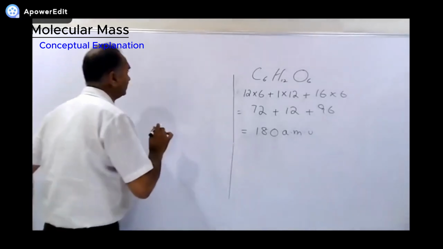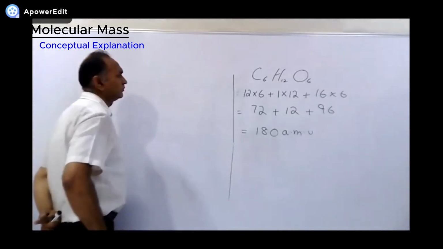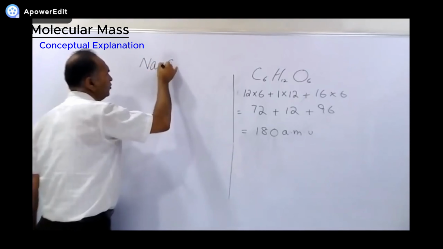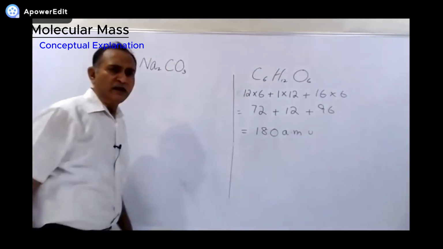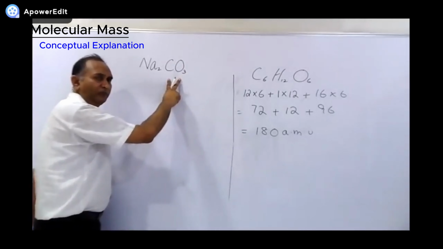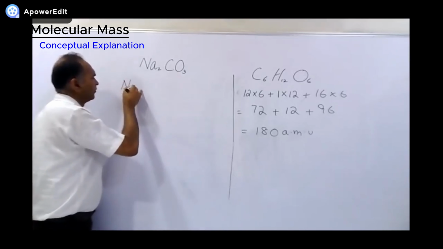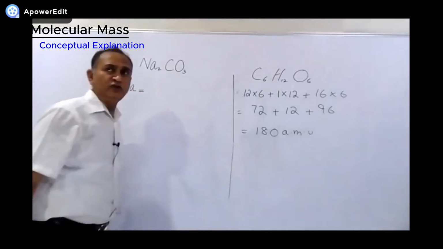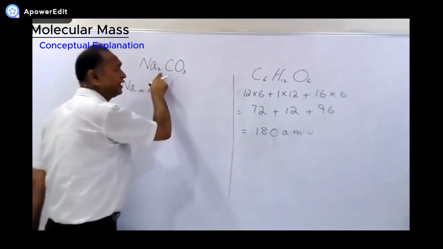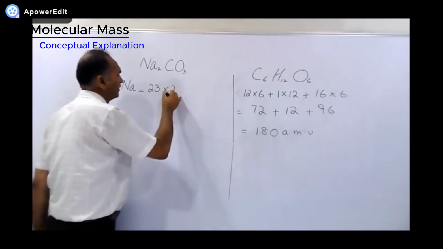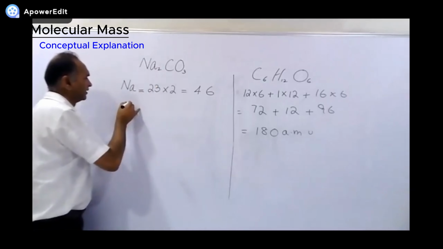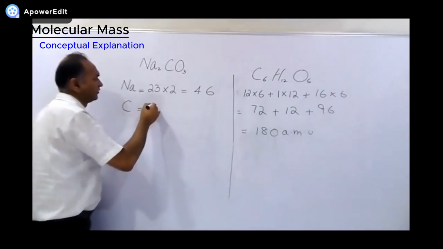See another example. Na2CO3, its name is sodium carbonate. Sodium. What is the mass of sodium? 23. How many sodium? What is the subscript over here? 2. 46. Next is carbon, 12.